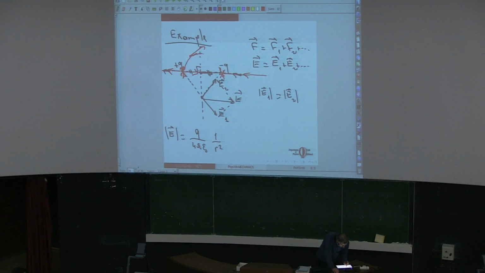Let's also cross this one. This is how the electric field lines should look. This is more or less the shape.